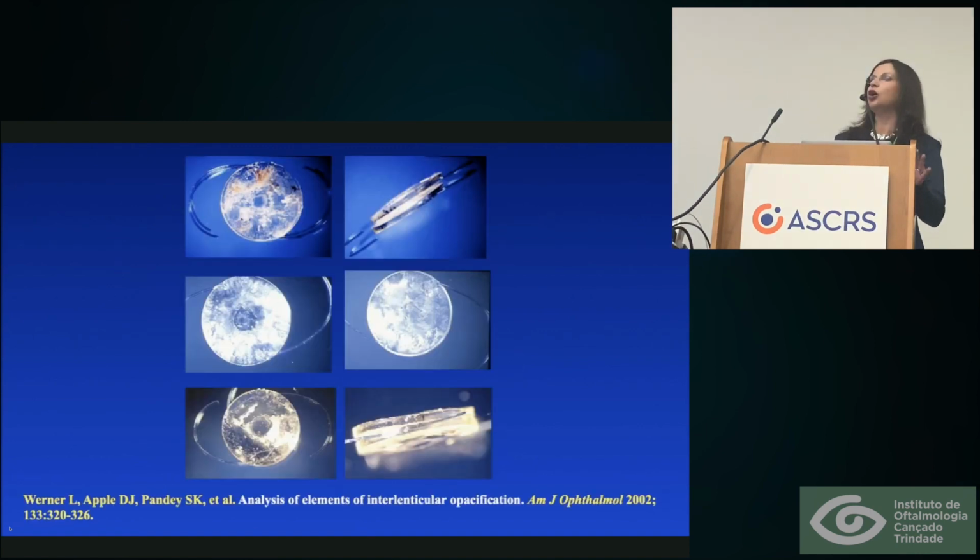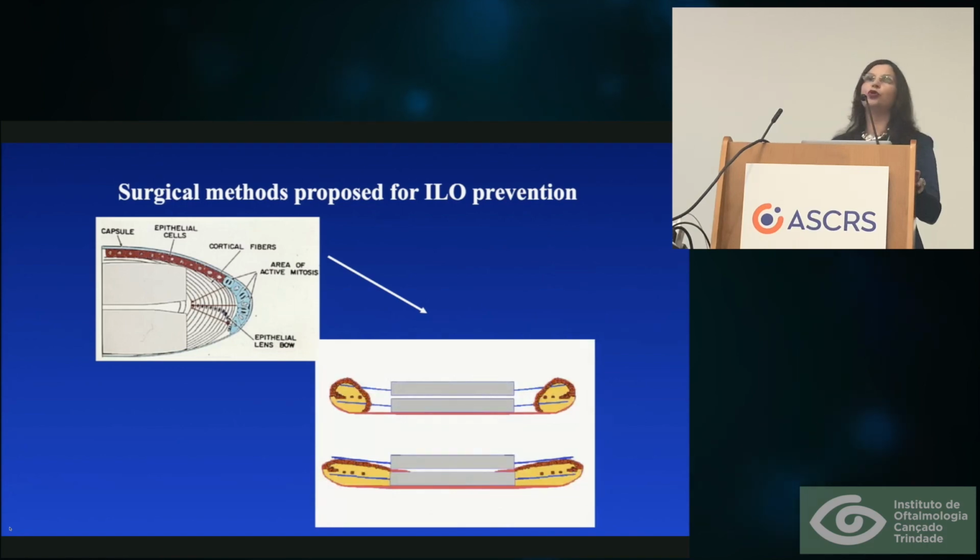But basically, in all of the cases, we had two hydrophobic acrylic lenses implanted inside of the capsular bag via a relatively small capsulorhexis. And also in all of the cases, there were ASCRS lenses. You know that the ASCRS material has some adhesive properties. So because of this pathogenesis, there are some surgical methods that were proposed to prevent the problem of interlenticular opacification.